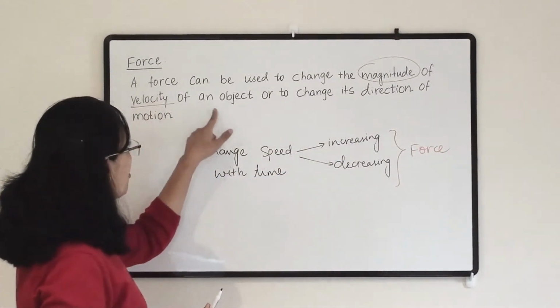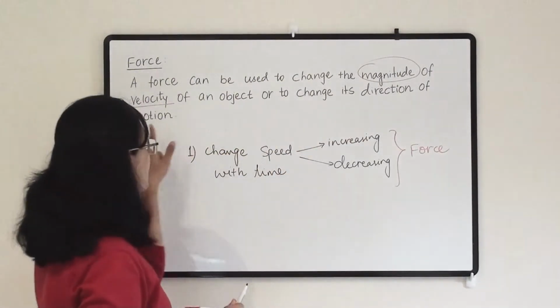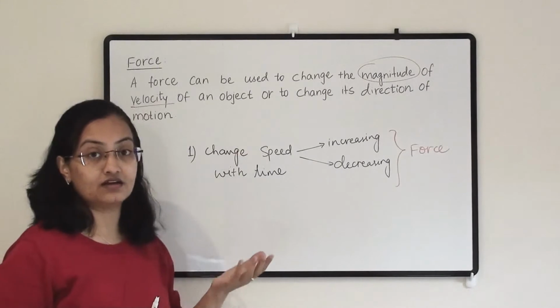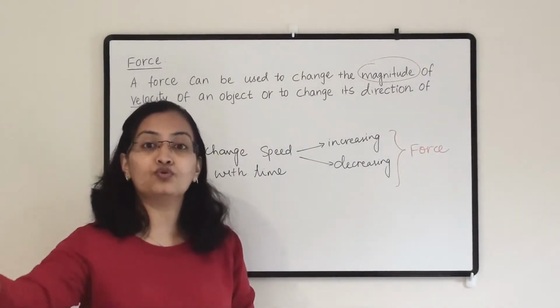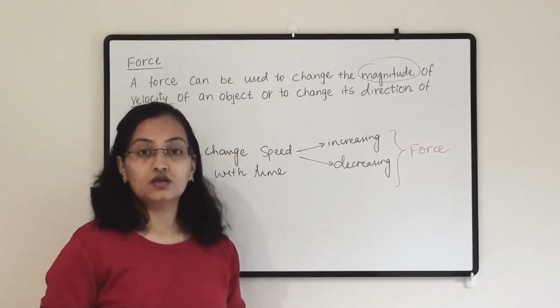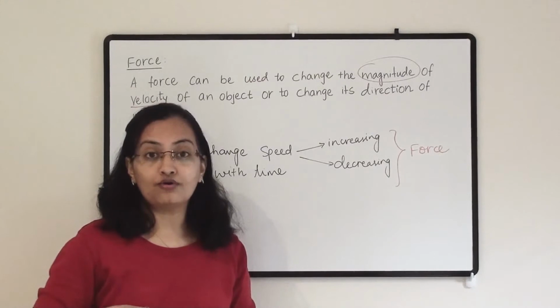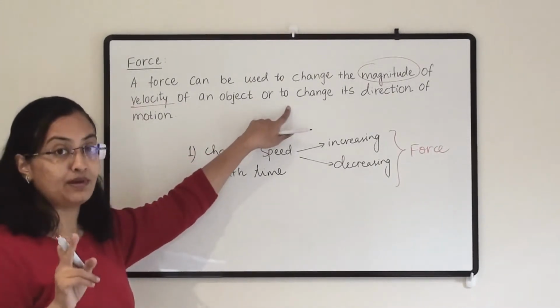Or to change its direction of the motion. As I said earlier, a ball is coming from one direction, you are kicking and throwing it, or kicking it towards the goalpost. So you are changing the direction of the ball. That is what you are doing here when you are applying force.